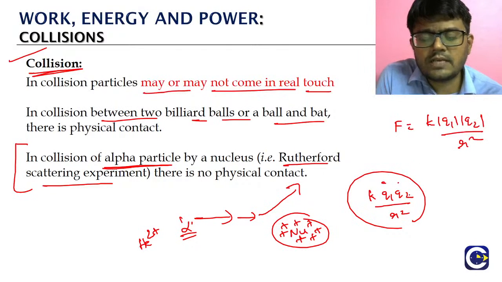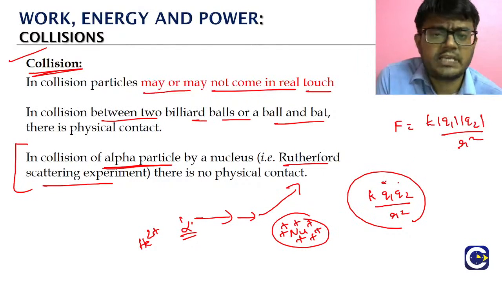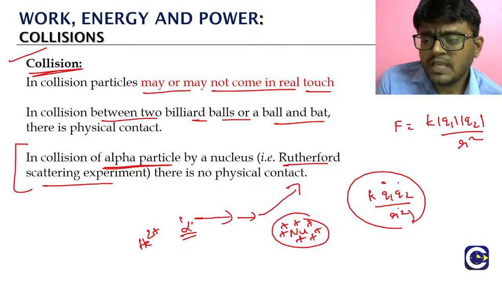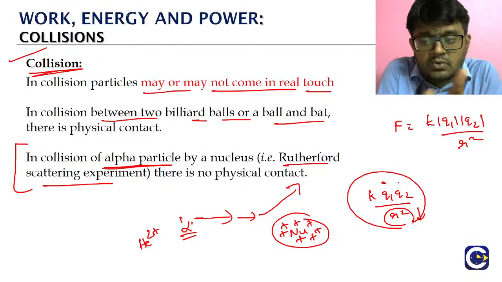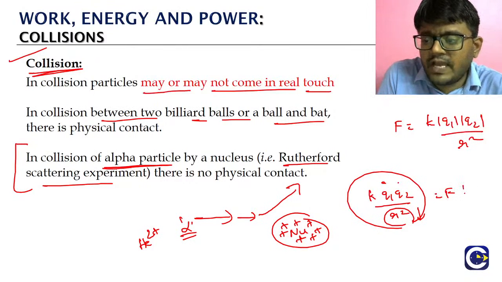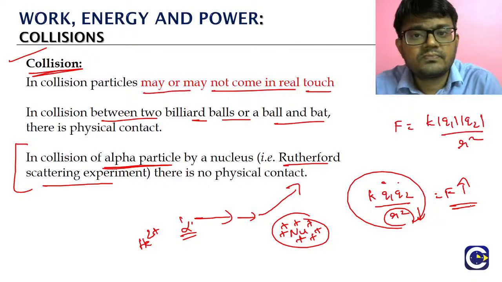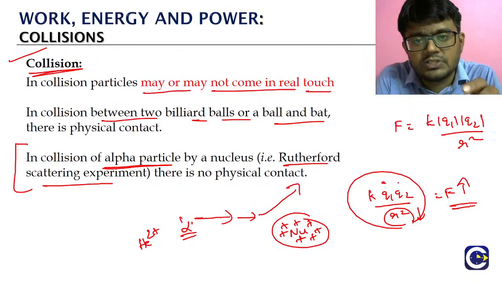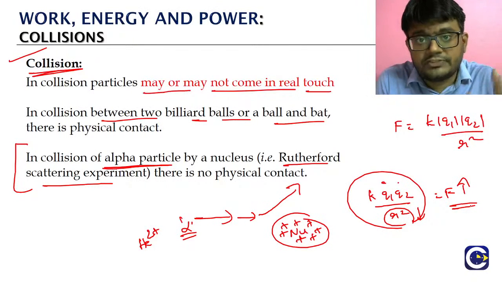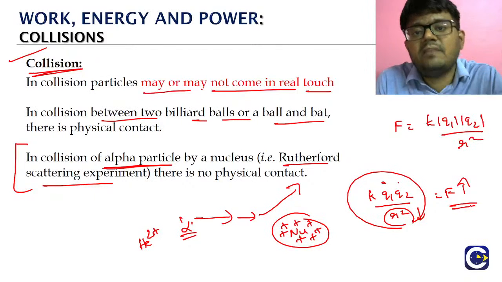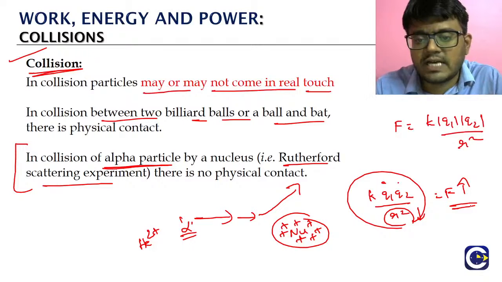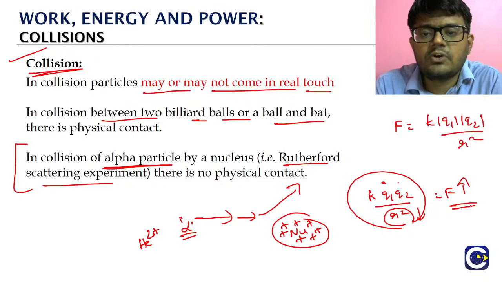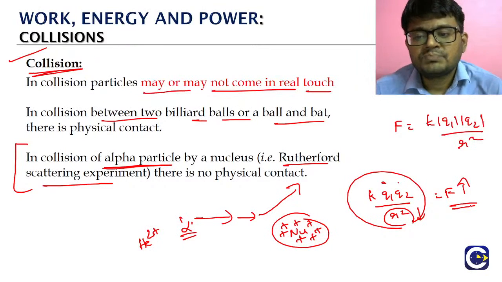As R decreases, meaning the charges come closer and closer, the F value keeps increasing. As R approaches 0, the force theoretically reaches very high values. As a result, the alpha particle starts getting deviated even before having a physical contact with the nucleus.